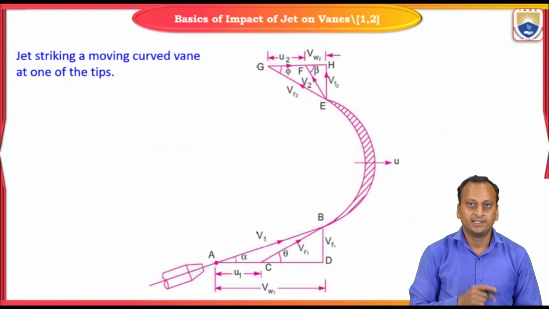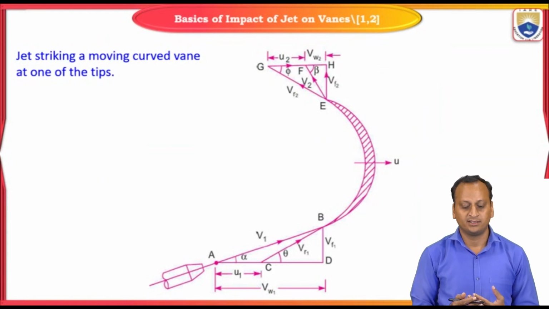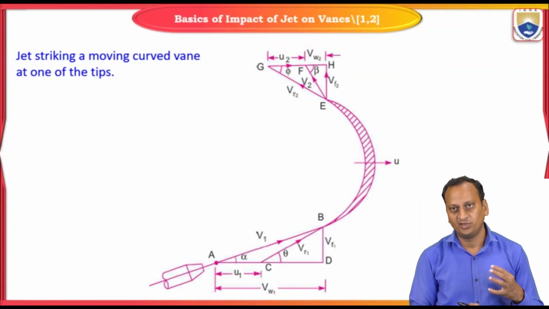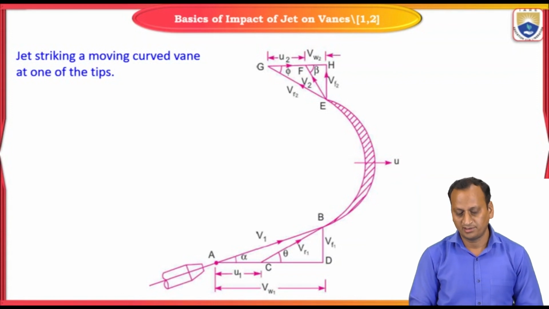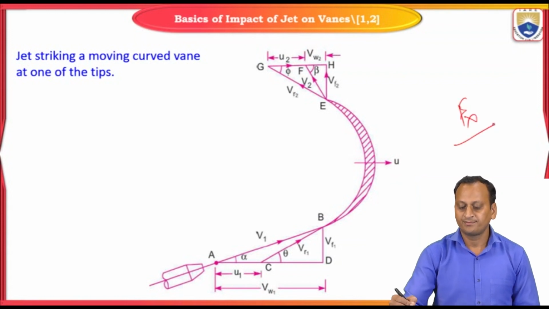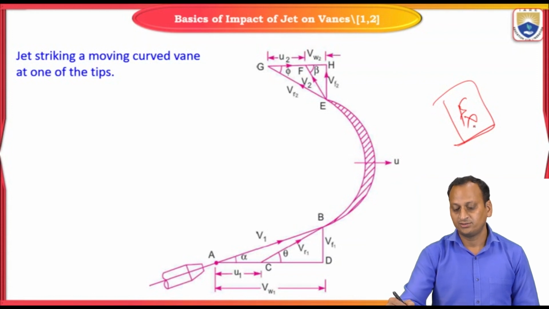In order to derive the work done developed by a rotor, or the power developed by a turbine, we need to understand the velocity triangles: whenever the jet is impacting on a curved vane, how the velocity triangles will be developed, and based on that, how to derive the force along x, similarly force along y, etc. If the force is known, force into distance gives the work done.